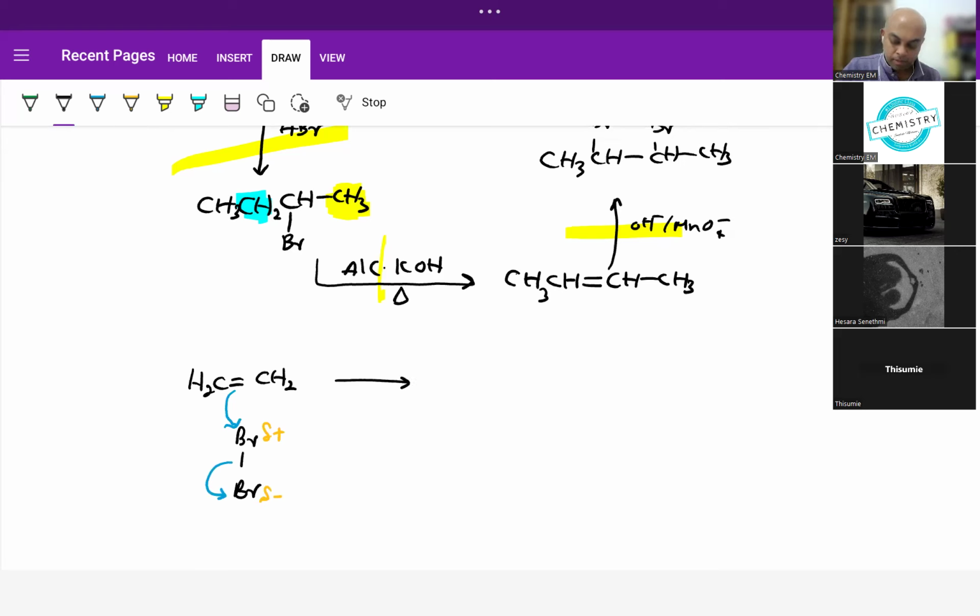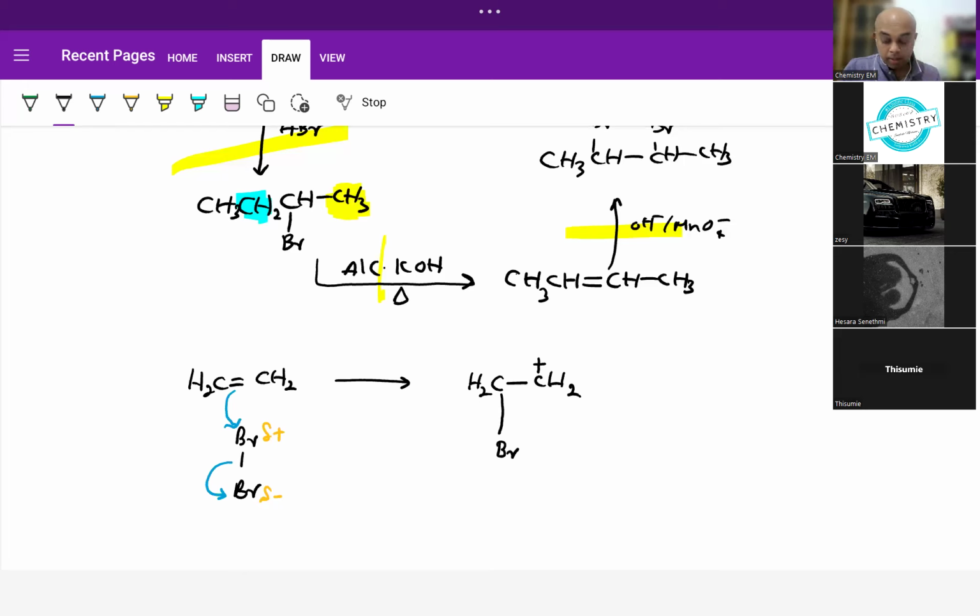Then we have H2C. This pi bond has been broken, then H2C. This will induce a positive charge because it has lost one electron. Bromine will add here, right?